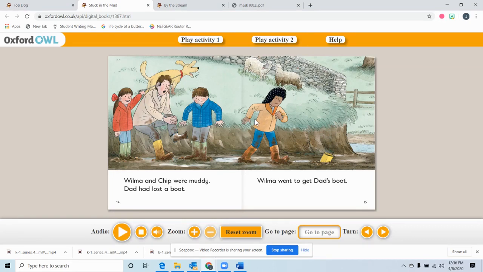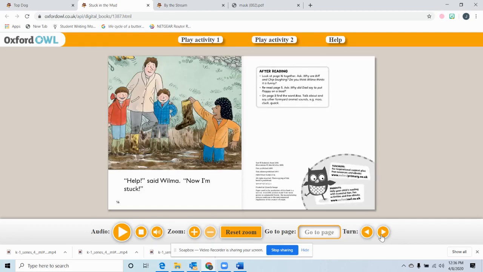What do you think she's going to do? Did you say she's going to go get it? Yeah. What do you think happened? Did she get his boot out? Yeah. But look, now she's stuck. What do you think they're going to do? You think they're going to be able to get her out?